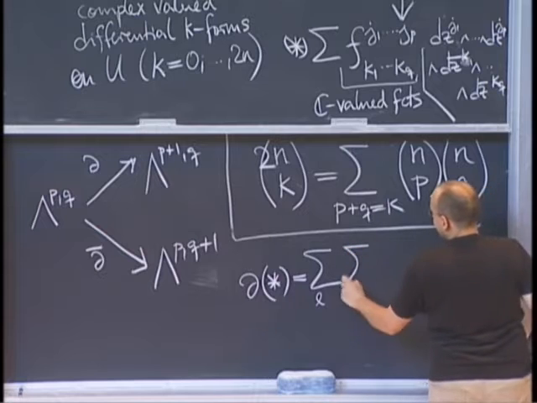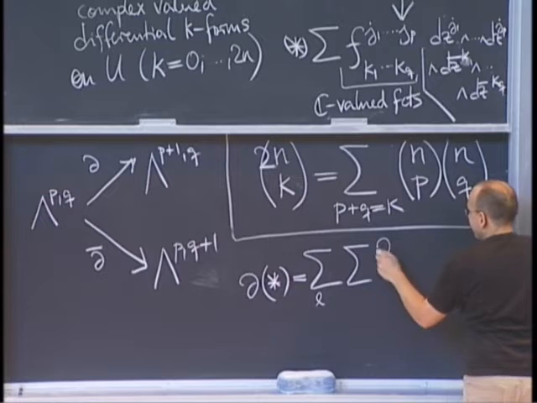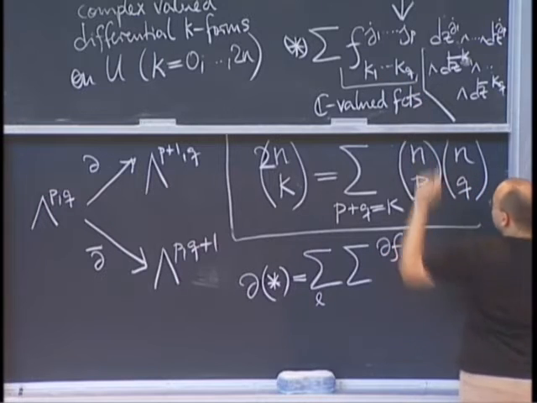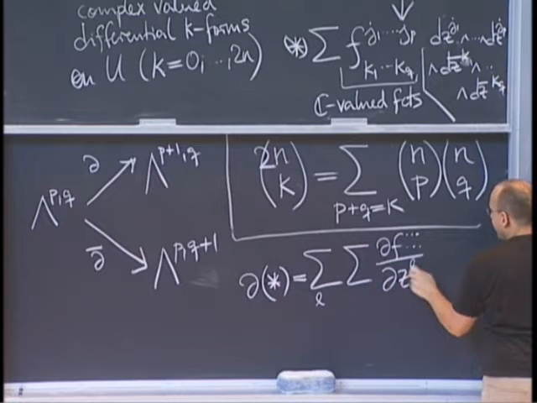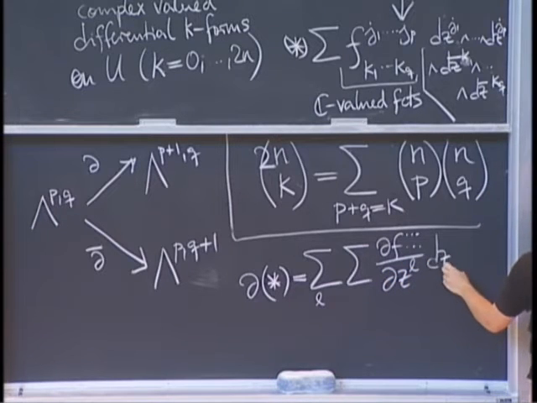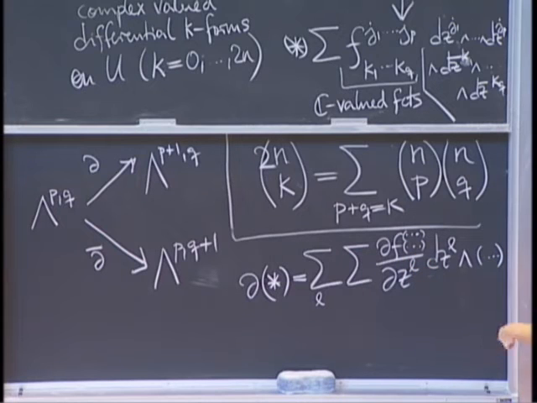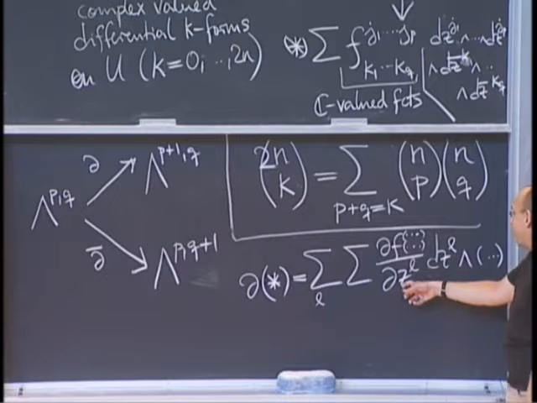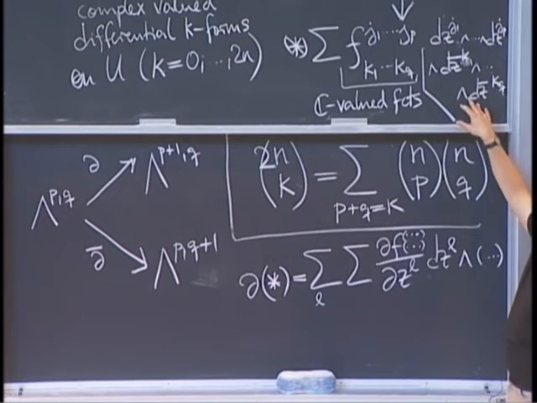So you have the sum that you have there anyway, and you differentiate the component functions of your form by DZL, and wedge the whole thing with the complex differential DZL, all the other stuff that you have anyway. And same for del bar, so you differentiate only by DZL bar, you wedge with DZL bar, and then keep all the other stuff.